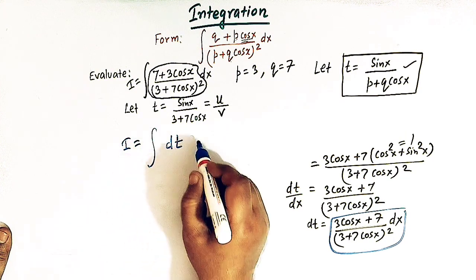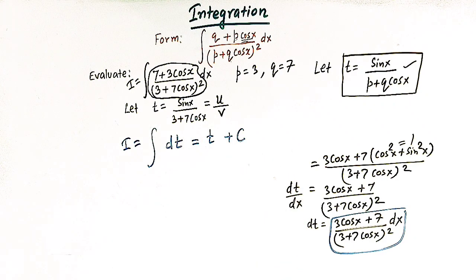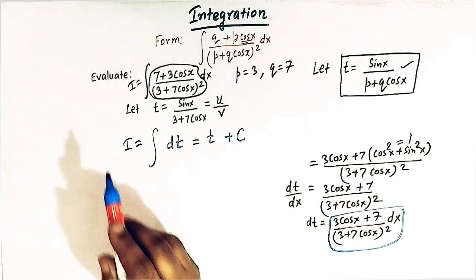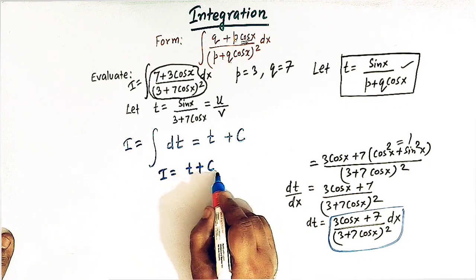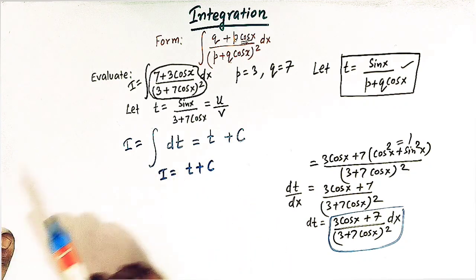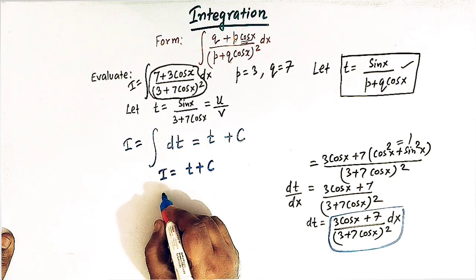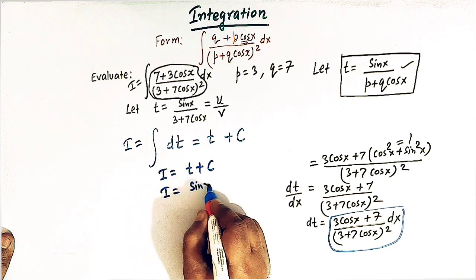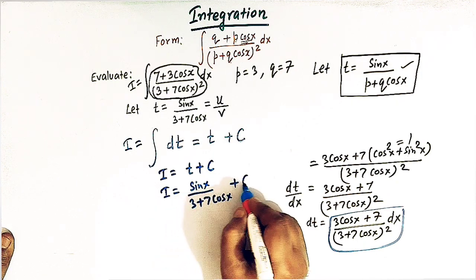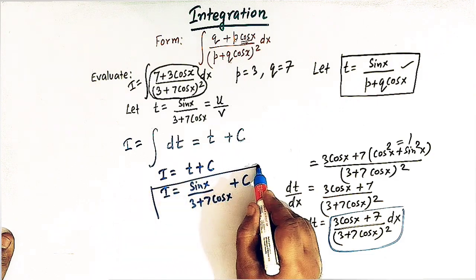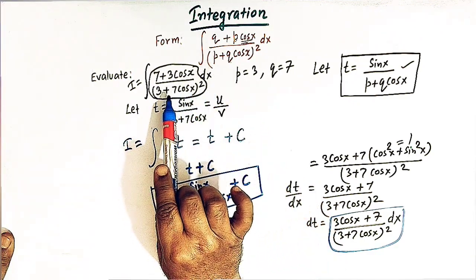And the integral of dt is simply t, and of course here we have the constant of integration as c. So now our integral I is equal to t plus c, where c is the constant of integration and t is the substitution, right? So we have introduced this substitution. So now I is equal to sine x divided by (3 plus 7 cos x) plus c, right? So this is the required integral, or the indefinite integral of this function.